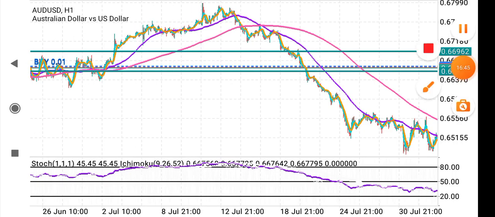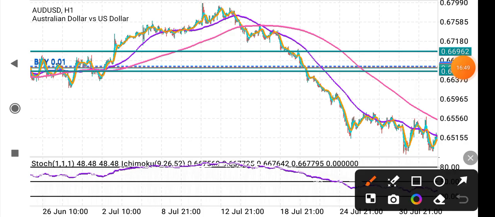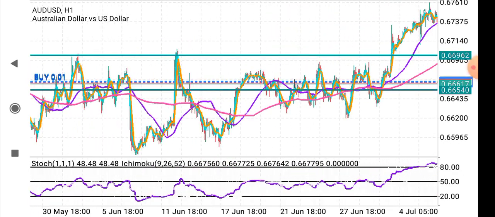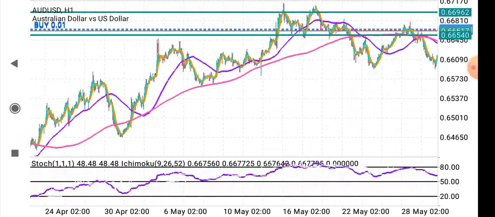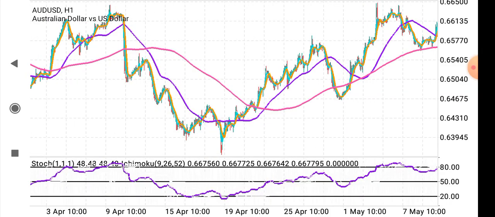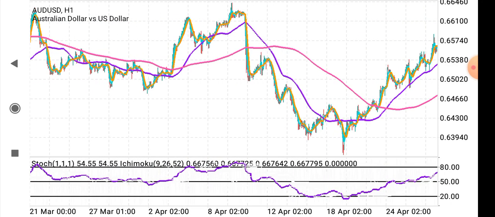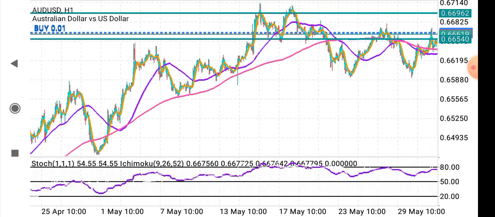The same again. Here. That is why I have confidence in this strategy. You can also see the same here. So that one is fine.